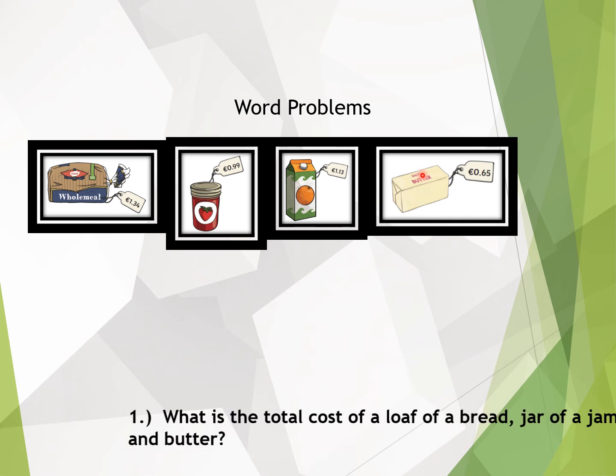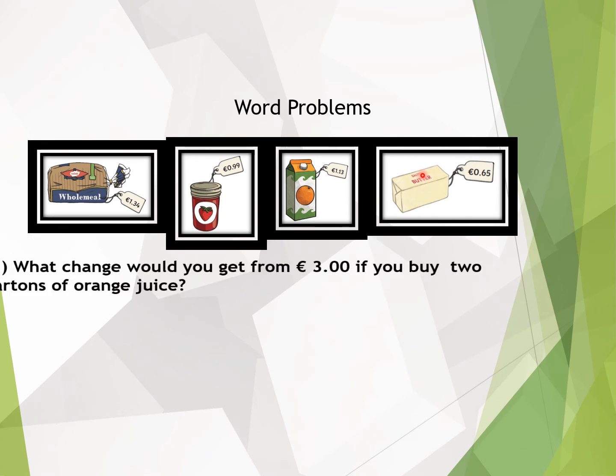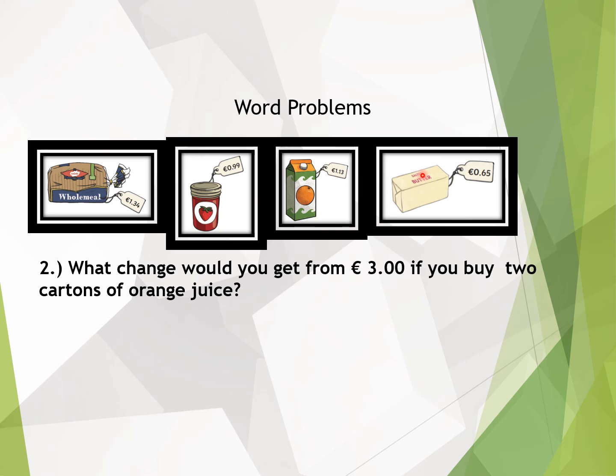Let's move on to the second word problem. The second word problem is, what change would you get from 3 euros if you buy 2 cartons of orange juice? So 1 carton of orange juice is 1.13.